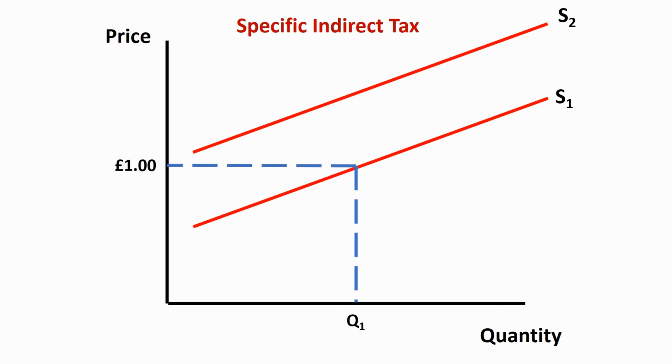So the gap between these two lines is 50p. That means that for firms to continue supplying quantity Q1, the price in the market must be £1.50. Of course, an ad valorem indirect tax will produce a different graph, which we'll look at right now.